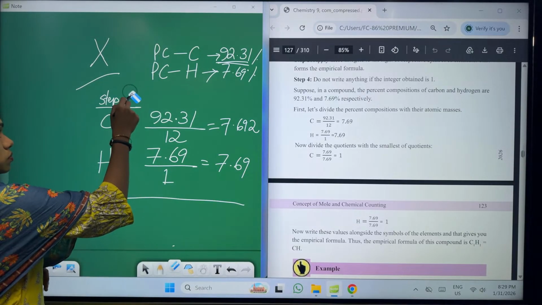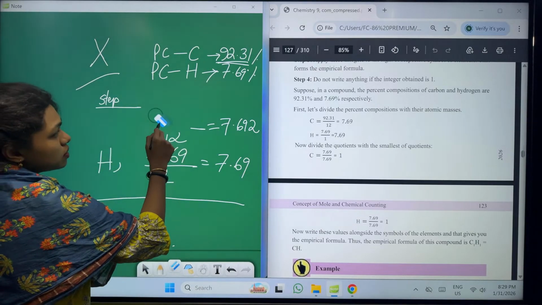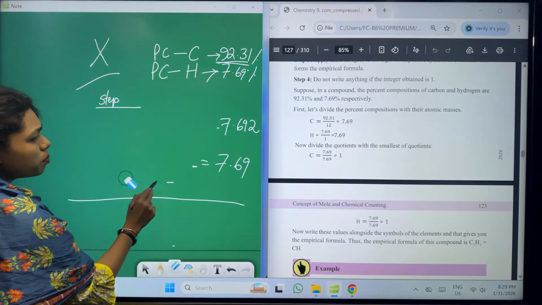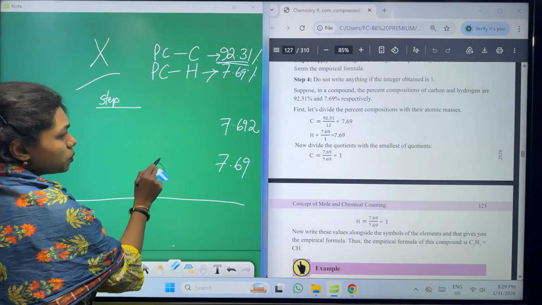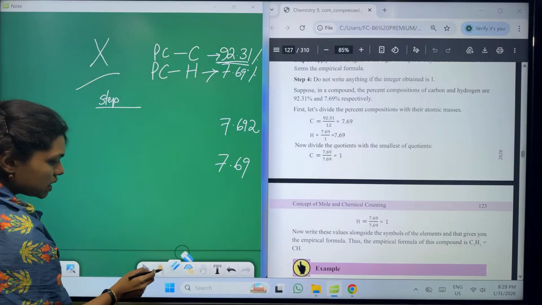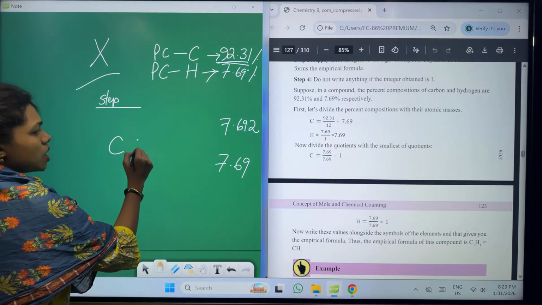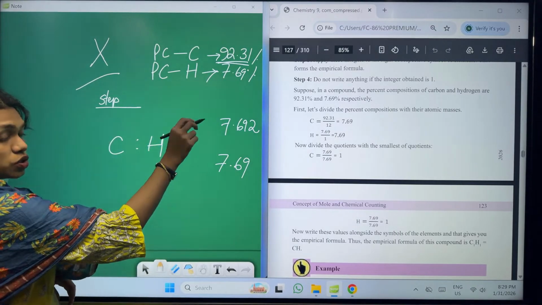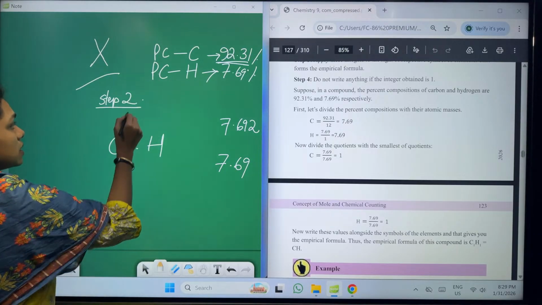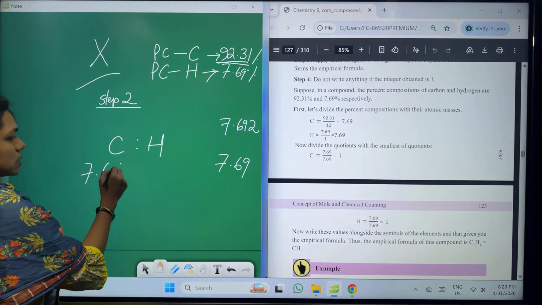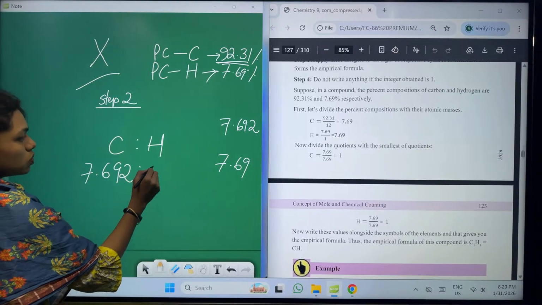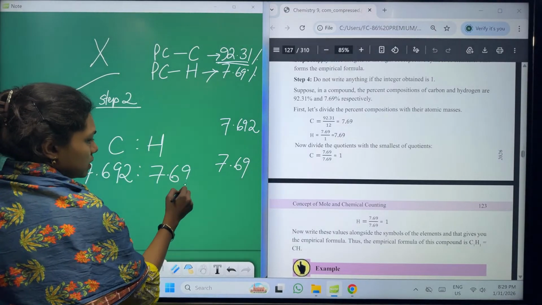Step 2 would be comparing them with the help of a ratio. What is the carbon to hydrogen ratio that we have just obtained in step 1? It is 7.692 to 7.69.